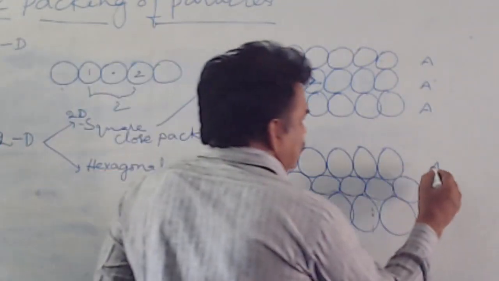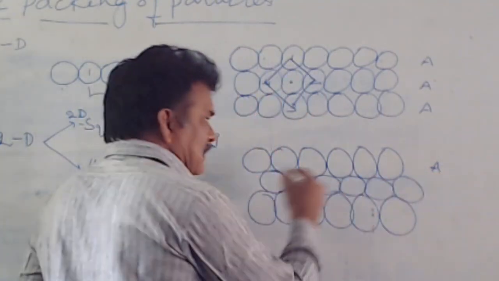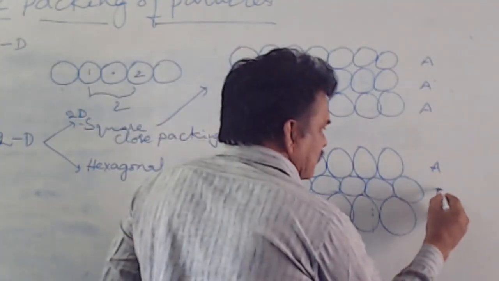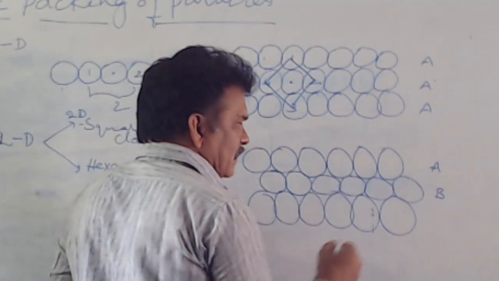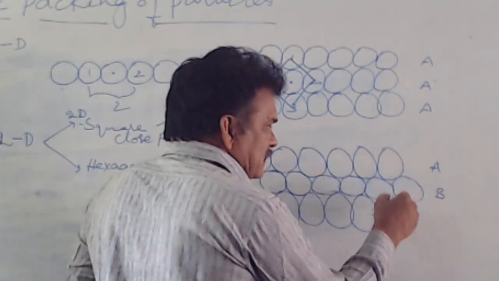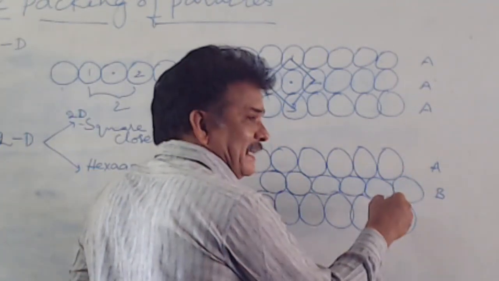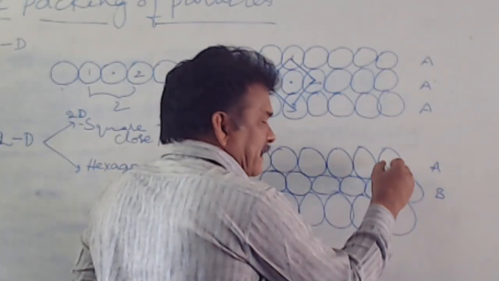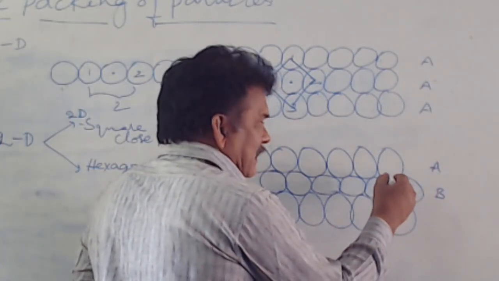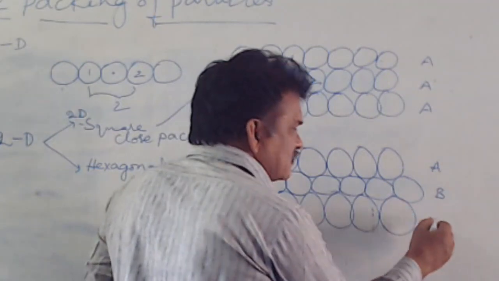If this is a linear packing, say this is the B linear packing, here the spheres of the layers lie over the spheres of the third layer.